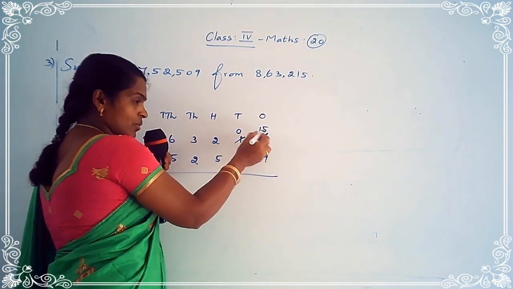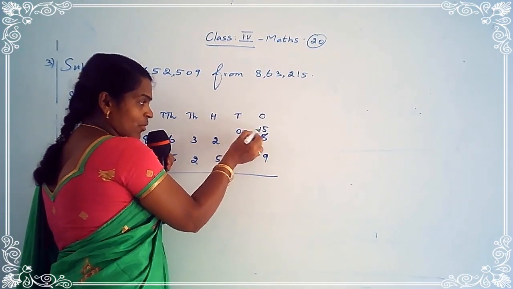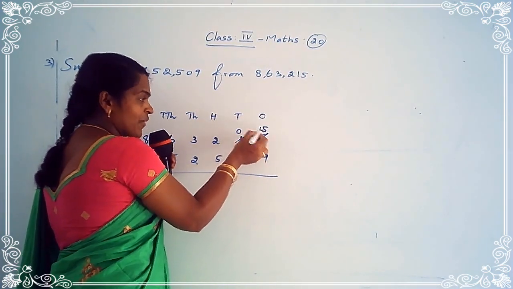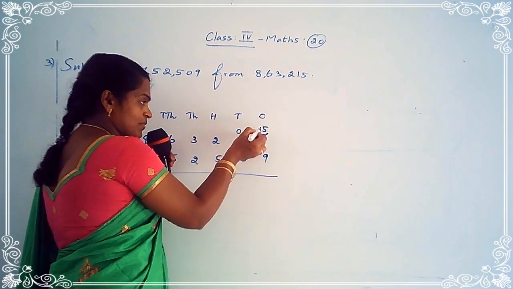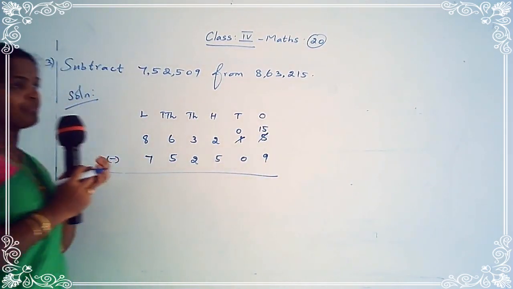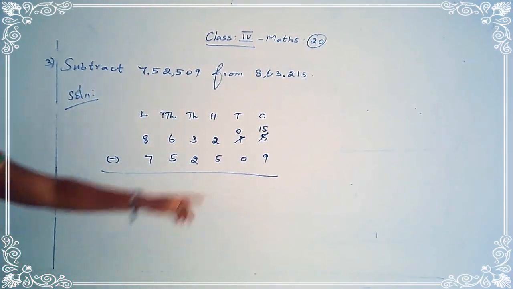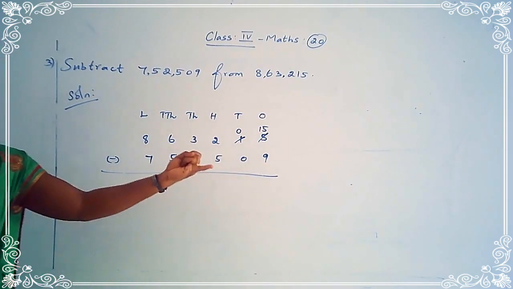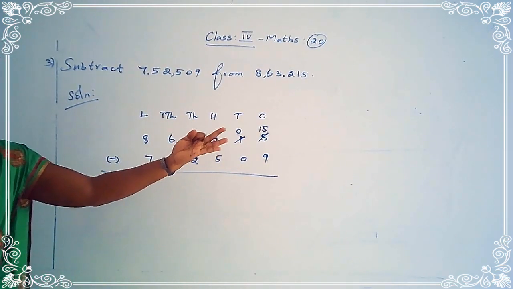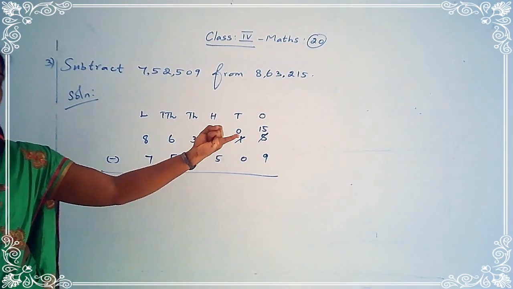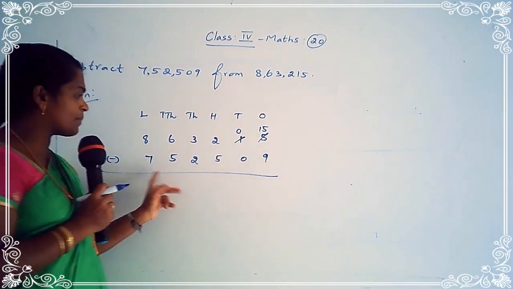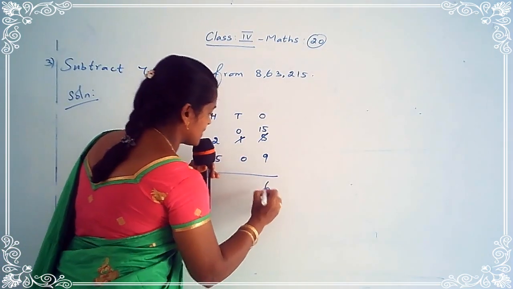Okay children, already 5 is there, when 1 is added to it, what does it become? 15. So now you subtract 15 minus 9. 9 after 10, 11, 12, 13, 14, 15. Okay, 6. So 15 minus 9 is equal to 6.